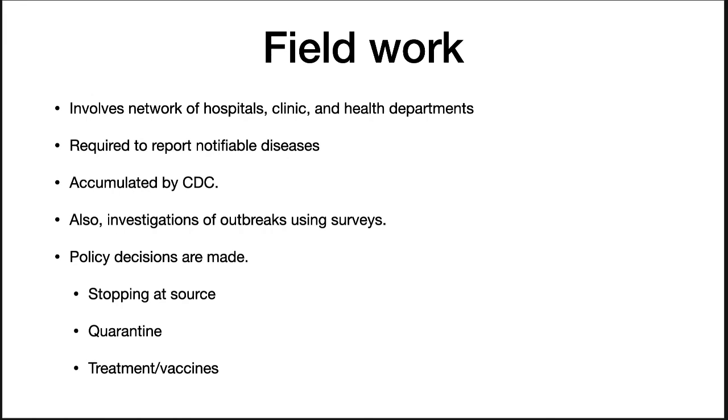From this data, policy decisions are made to mitigate the outbreak. These can include measures to stop the outbreak at its source if possible, quarantine or social distancing, and pursuit of treatments and vaccines if the outbreak is serious enough.